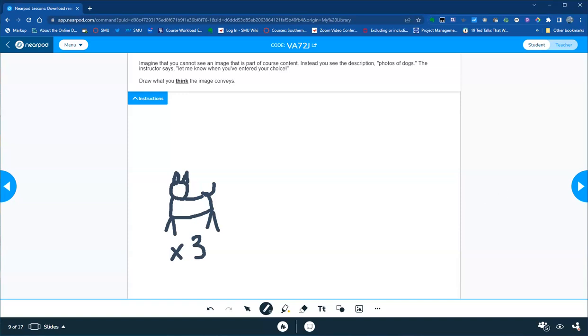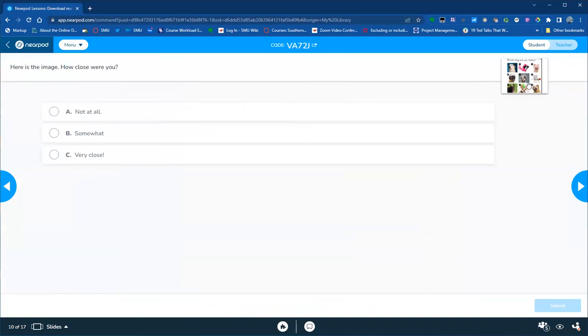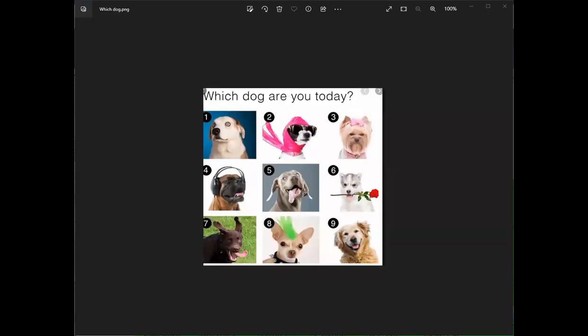Okay, now I'm going to show you what the actual photo was. Here's the photo. It's a little bit hard to see there, so I'm going to stop this share for just a second so I can show you the dog photo. So here's the actual photo.